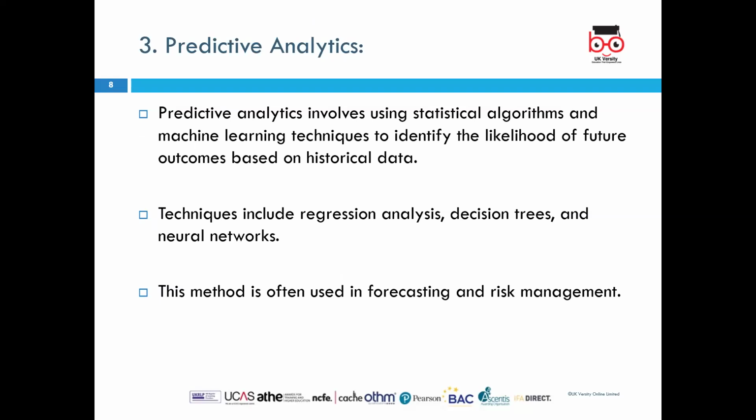Then we have predictive analysis, where we're simply going to use statistical algorithms and machine learning to identify the likelihood of a future outcome. These techniques include regression analysis, decision trees, and neural networks.